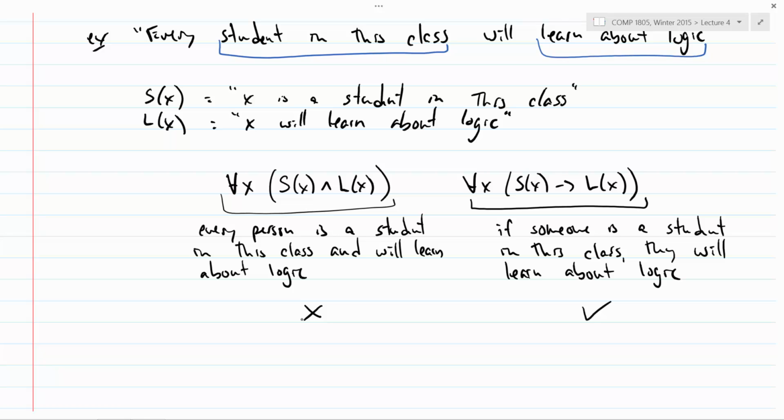But that's not the meaning of the original sentence. Other questions about this distinction? This is probably the most common source of errors on assignment 1 and test 1, is this mistake here, putting an and instead of an if. Okay?